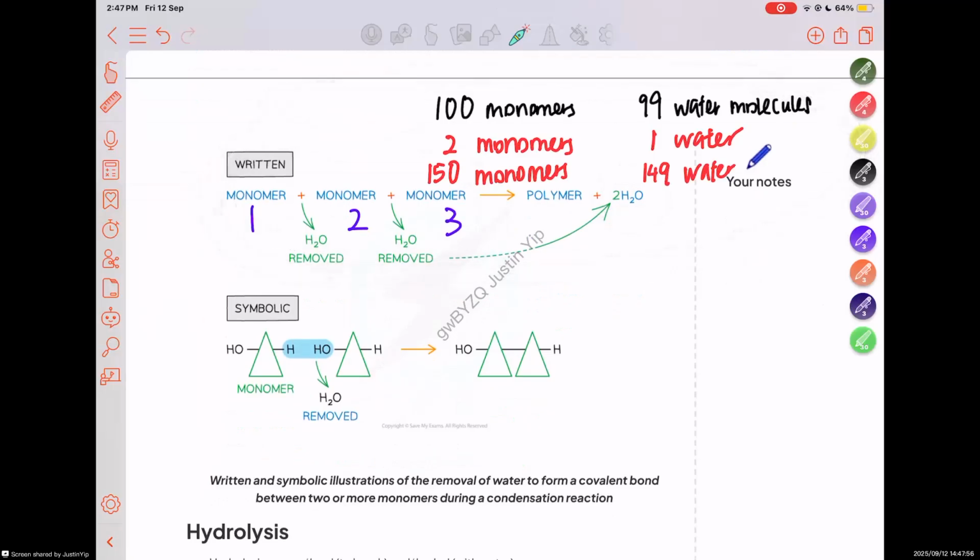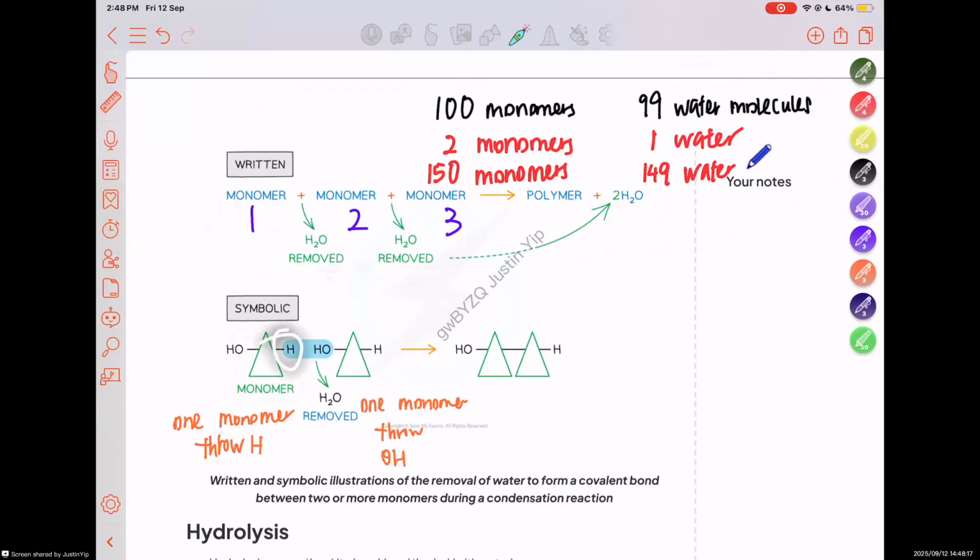And you see, once they form, one monomer throws out H, and another monomer throws out OH.